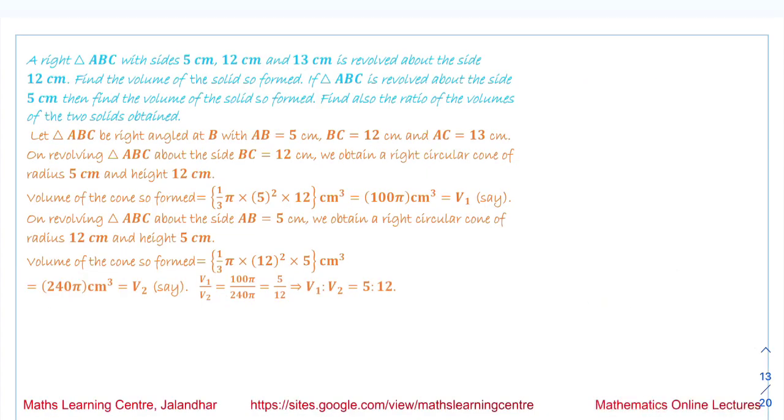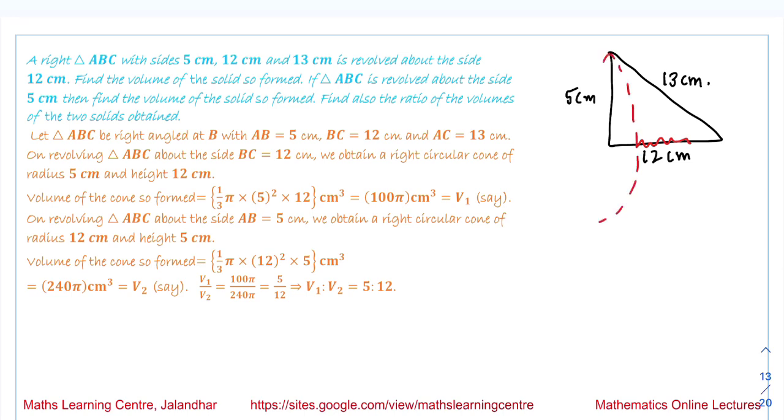Next we are given a right triangle ABC with sides 5 centimeter, 12 centimeter, and 13 centimeters. So this side is 5 centimeter, this is 12 centimeter, and this is 13 centimeter, and it is revolved around the side of 12 centimeter. I mean this side is fixed and we are revolving it around this side over here. Find the volume of the solid so formed.